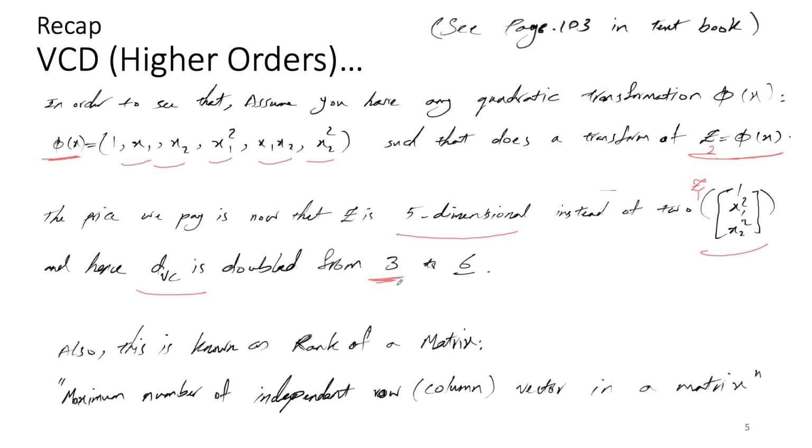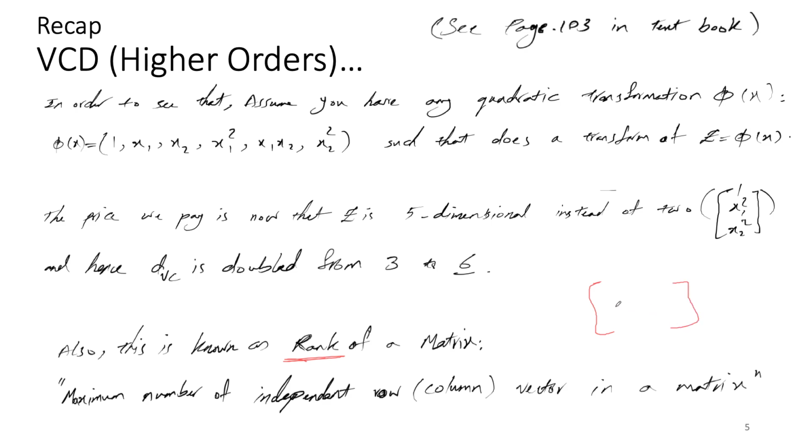Also, an easier one is to just use the function that returns the rank of a matrix. The rank is the maximum number of independent rows or independent columns in a matrix.